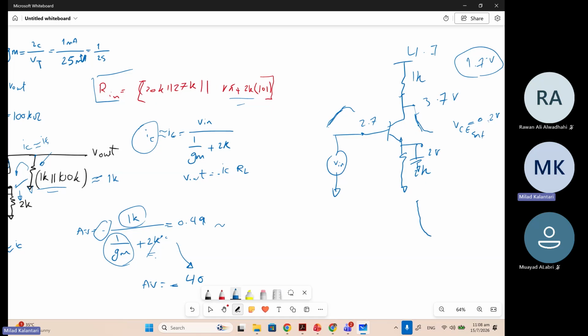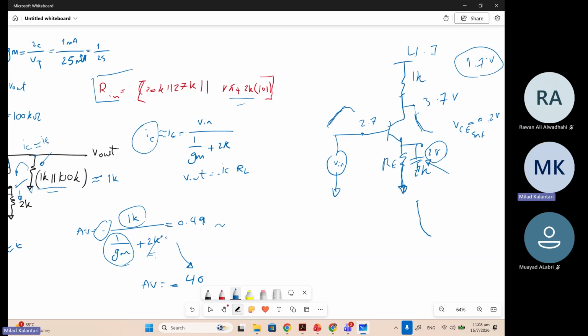So in the AC, actually this cap is big enough, right? This cap at the emitter is big. So once it's big enough, it keeps this DC value like 2 volt always. So basically the emitter voltage is not changing. Can you understand what is the reason?